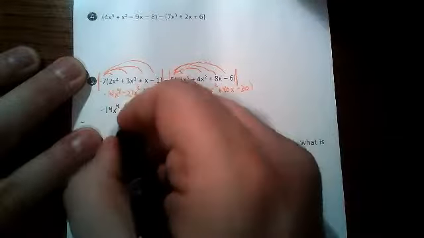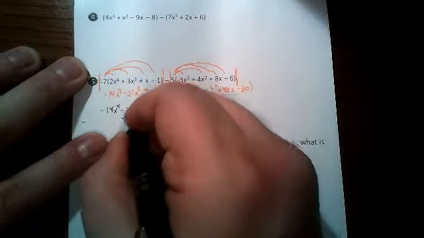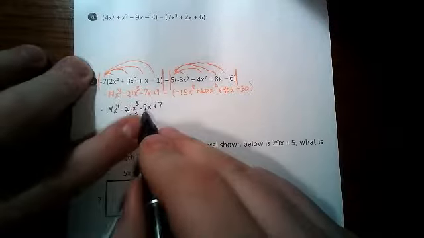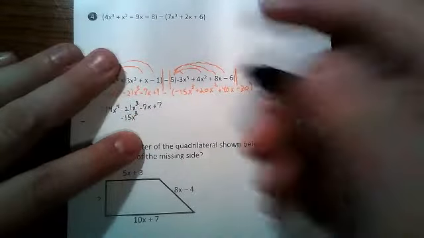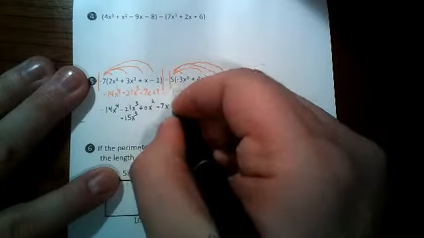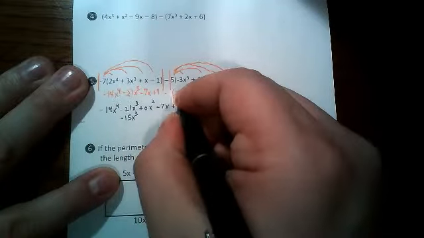I have negative 15x cubed. I have 20x squared, but this one doesn't have any x squared. So I've got to go back and leave some space, so I've got to show that there aren't any x squareds. And then I have minus 7x plus 7.